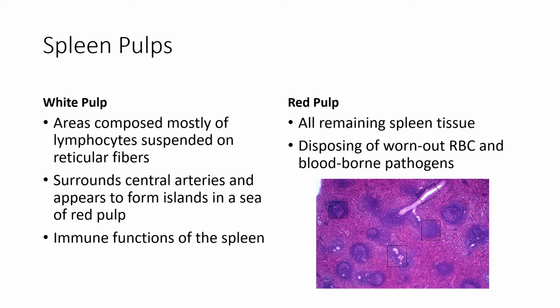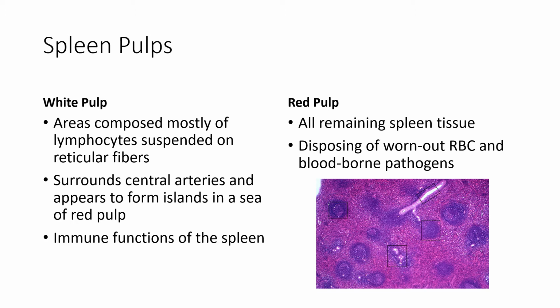So talking more about these pulps, because again, this is where we are going to be talking about this system and what is included. When it comes to white pulp, it is going to be areas composed mostly of lymphocytes that are suspended on reticular fibers. They surround central arteries and appear to form islands in a sea of red pulp.